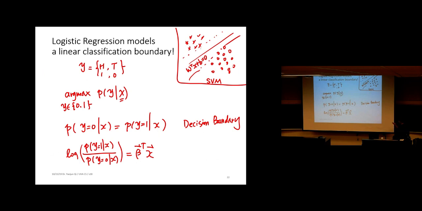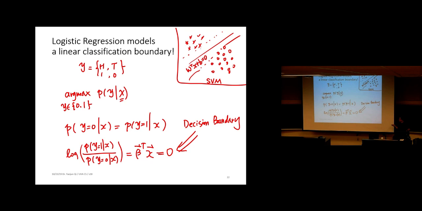Then for those points on the decision boundaries, because they satisfy this, put this here, put this here, and they equal each other. That means points on the decision boundaries guarantee beta transpose x equals 0.